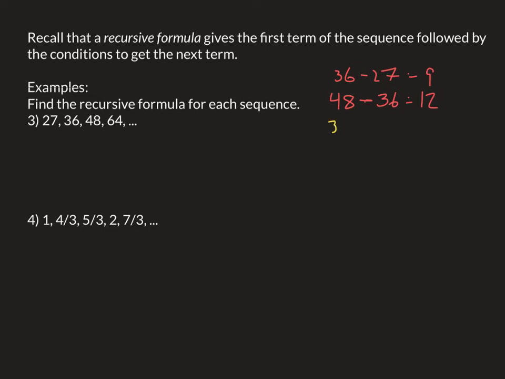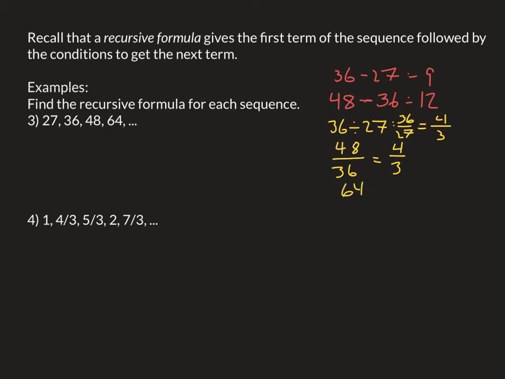Let's see if it's geometric. If I take 36 divided by 27, I can rewrite it as a fraction, 36 over 27. I can take a 9 out of both things. We come up with 4/3. If I do 48 divided by 36, here I can take a 12 out of both things. 48 divided by 12, 36 divided by 12 leaves us again with 4/3.